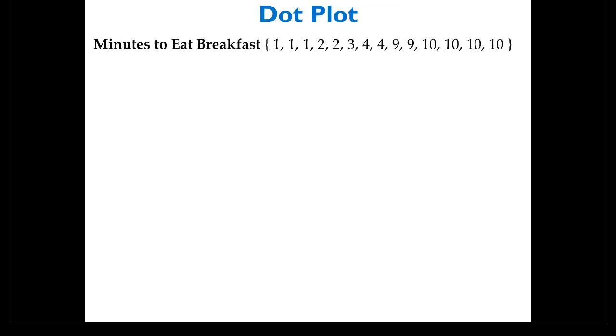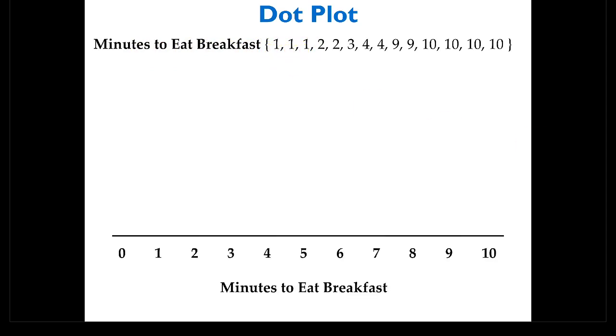The next one is the dot plot. Here we have a data set of minutes to eat breakfast. For example, we have 3 people who ate breakfast in a minute. A dot plot is a horizontal line representing the number of minutes, or the data values. To construct a dot plot, we represent each of these data values with a dot.